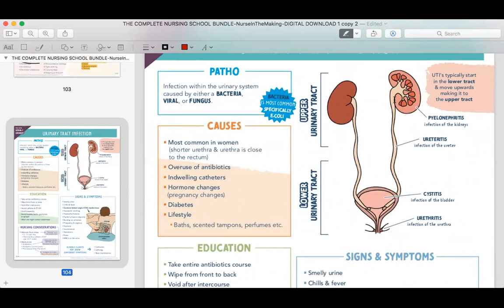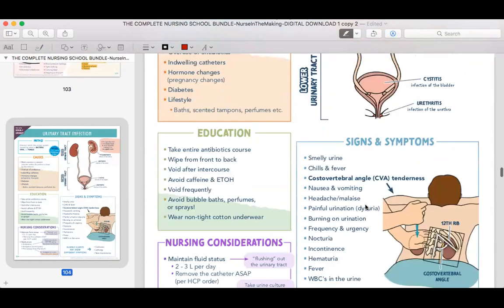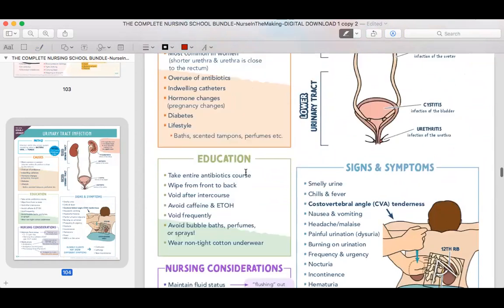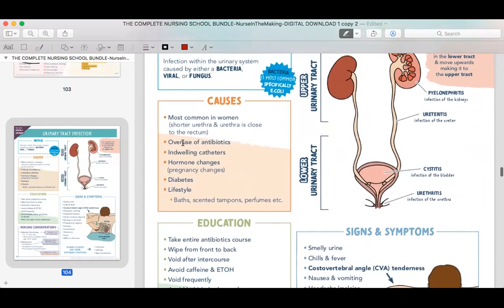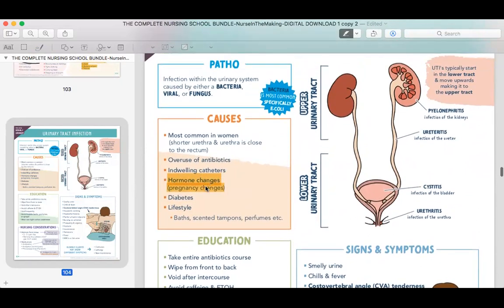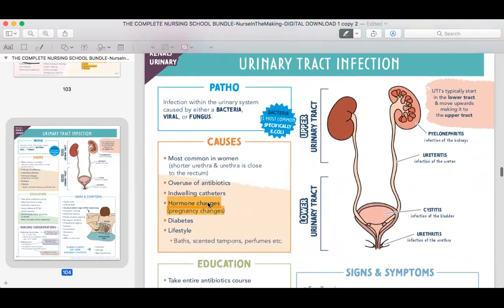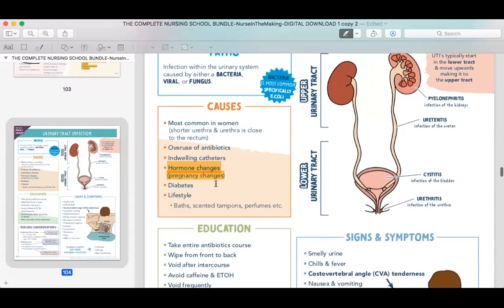This is the anatomy of the kidneys. So what are the causes? If you're pregnant, pregnant people are prone to UTIs, especially females, because you have a shorter urethra. You always want to wipe from front to back. Baths, showers are better, and cotton underwear.